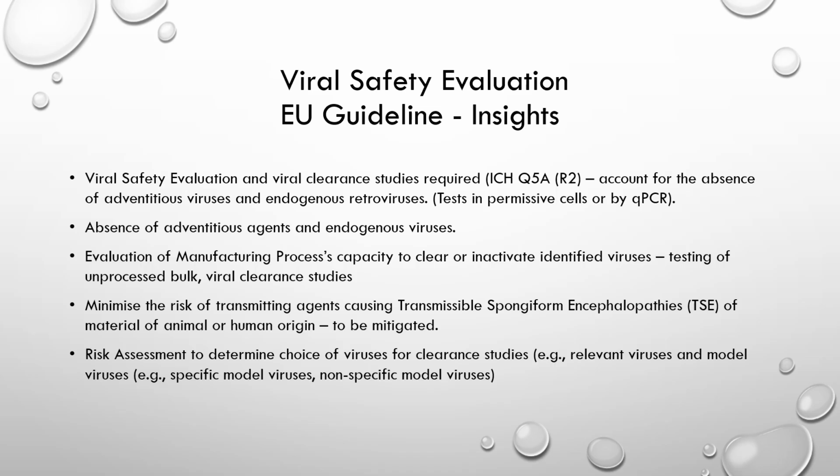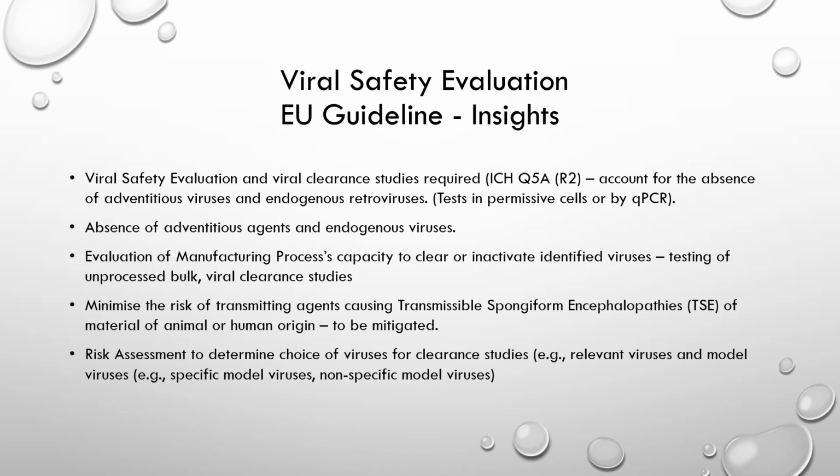So we have to do that risk assessment, but really what we want from this viral safety evaluation and studies is to give confidence in, and to design, your manufacturing process so that you have a high degree of confidence that you've addressed any potential adventitious agents or endogenous retroviruses.